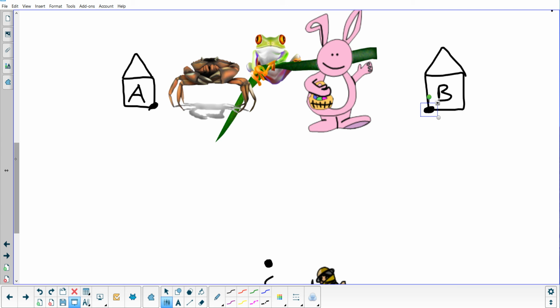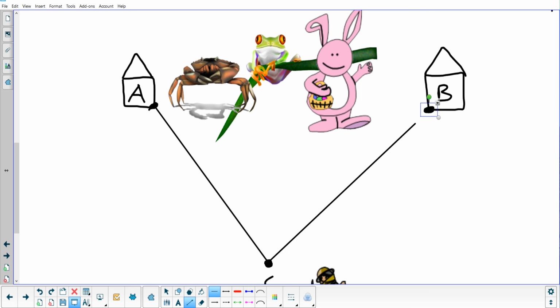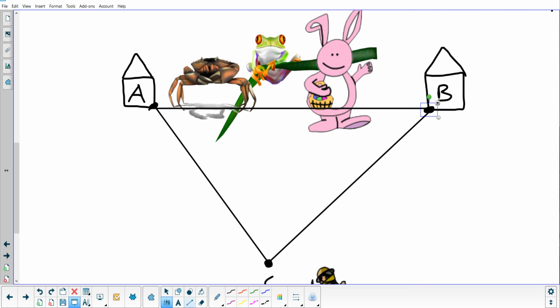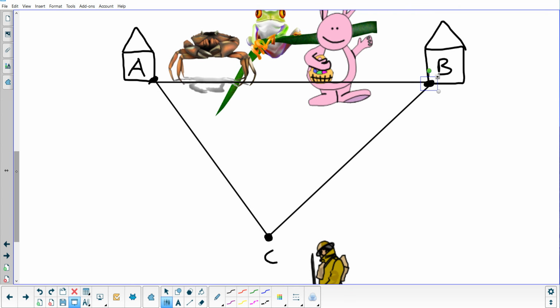So let's fill in our lines here. We've got that distance, and the goal is to find that distance. Okay, what did it say that angle ACB was in the problem? Yep, 70. And what was the distance from A to C? 50, and that's okay.